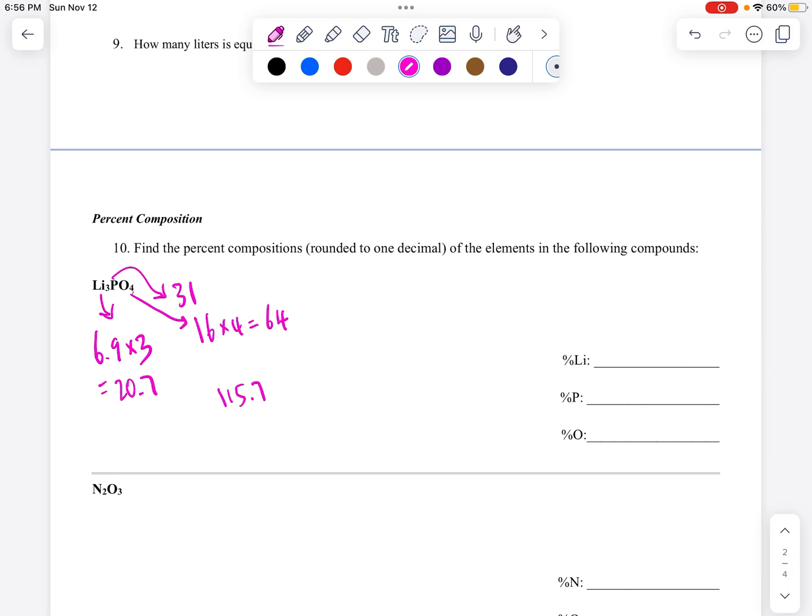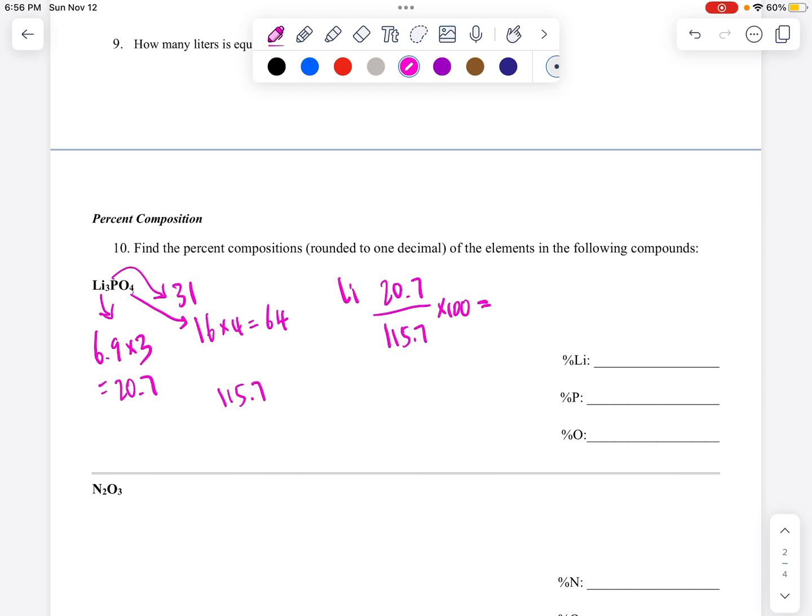So let's go ahead and determine the percentage makeup of lithium inside of this big compound. So what I'm going to have to do here to find lithium, lithium was what, 20.7, right? Now I'm going to divide that by the entire thing here, okay? Now that's going to give us a decimal, but we don't want that. That's why we want to multiply by 100 so that we can get the percentage makeup, right?